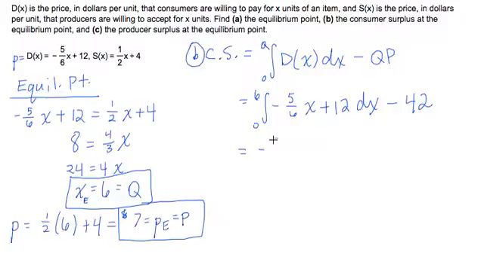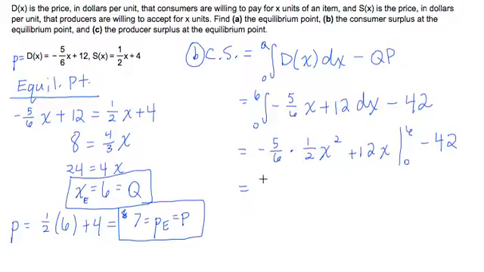So we have negative 5/6 times the antiderivative of x, which is 1/2 x squared, plus the antiderivative of 12, which is 12x, and we'll evaluate all of that from 0 to 6 and then subtract off 42. Make sure your 42 is not inside this integral part, okay? It's not being evaluated.